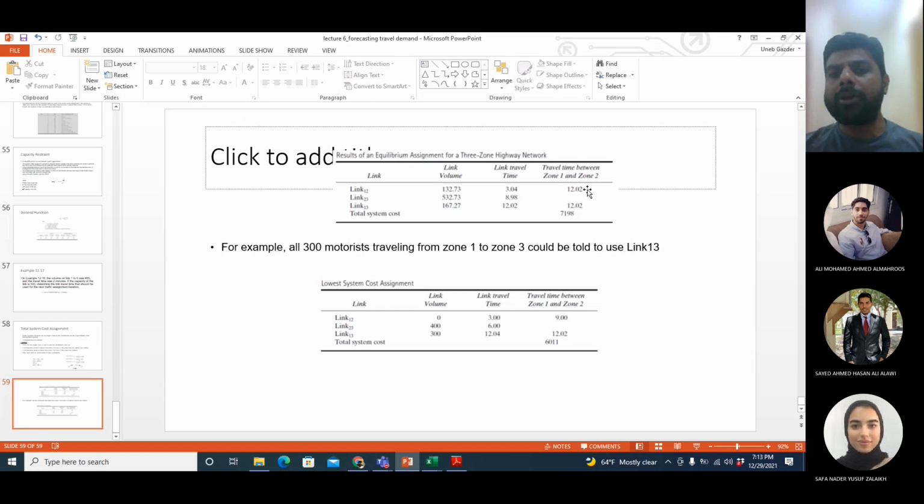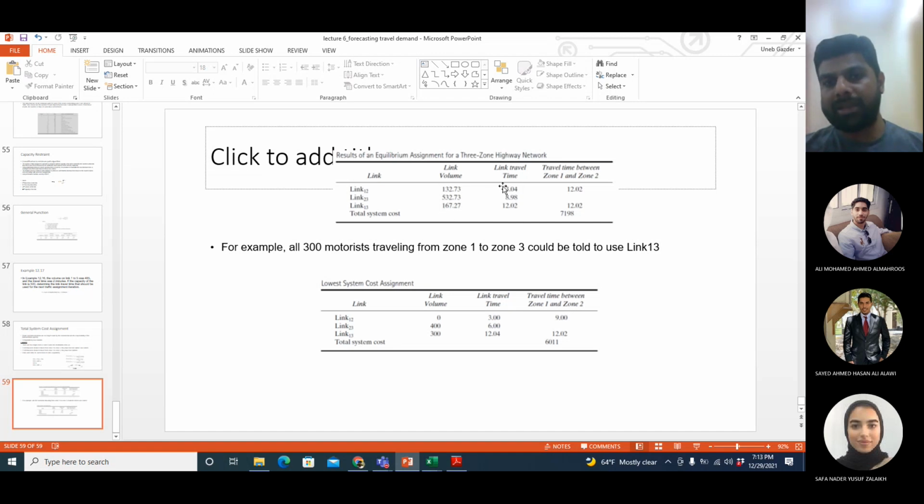Because 12 plus 12 is 24, 12 plus 12, 24. But in this case, what will happen when they forced everybody to go from 1 to 3? This travel time is 12 minutes, and the travel time of the other route from 1 to 2 to 3 is only 9 minutes now. It's only 9 minutes because these 132 people are also going from here.